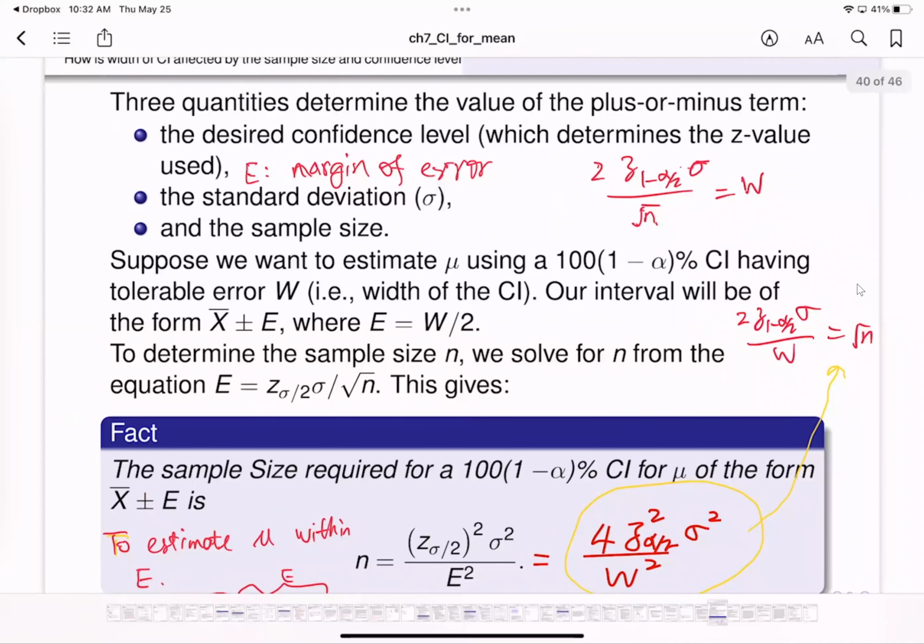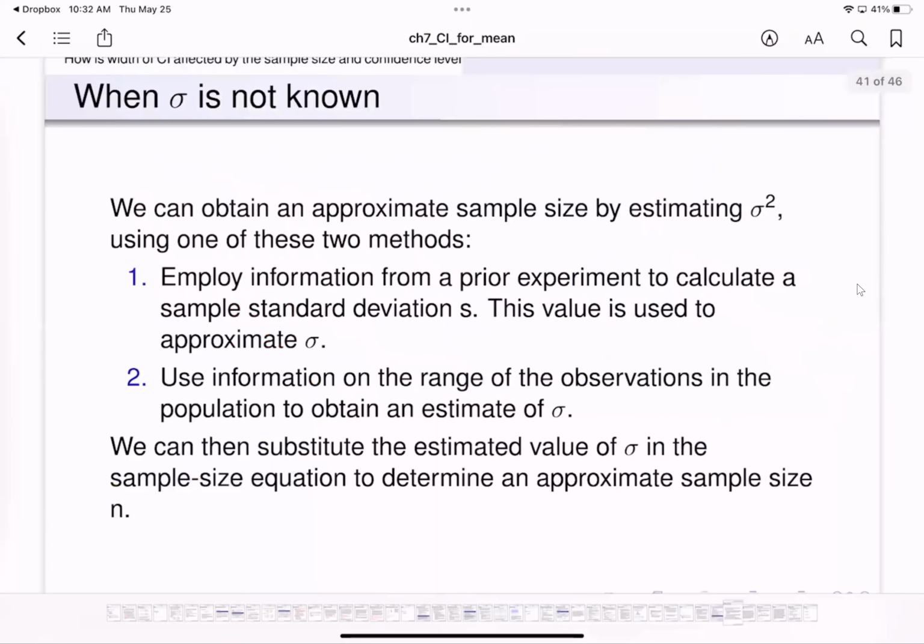What about the situation when sigma is not known? If that's the case, then we have to give some sort of estimate of the sigma. Here we are trying to estimate the mu with an interval estimate. If we don't even know the mu, quite often we also do not know anything about the sigma. So using the sample standard deviation may not be reasonable. But if you do have some prior study that reported some standard deviation or estimate of that, then you can use it.